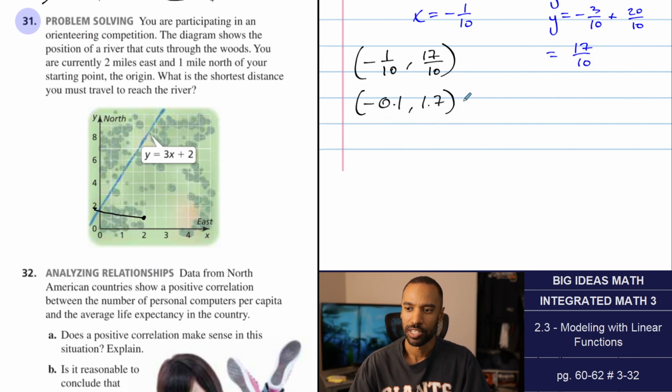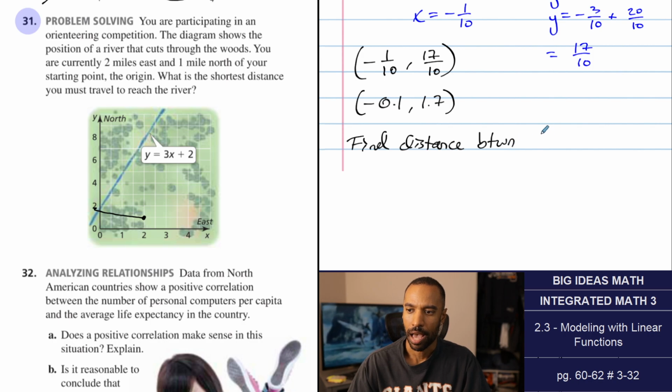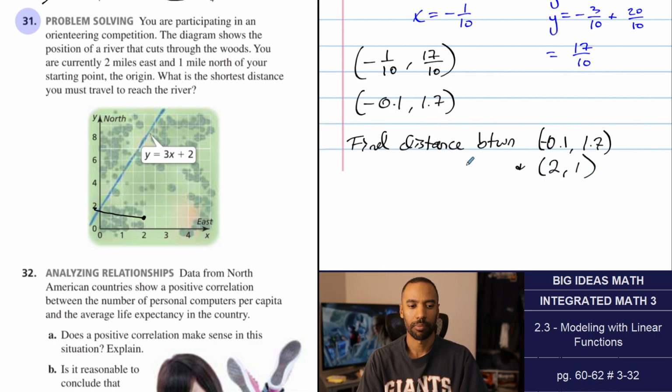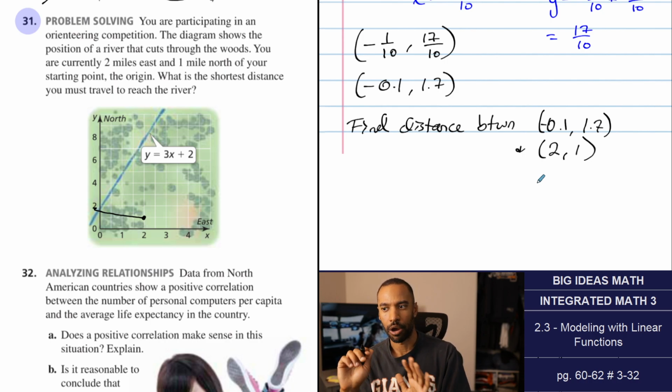Now I need to find the distance between, what do they ask for? The shortest distance. The distance between that point, (negative 0.1, 1.7), and (2, 1). So that's the Pythagorean theorem, the distance formula, however you want to put it.